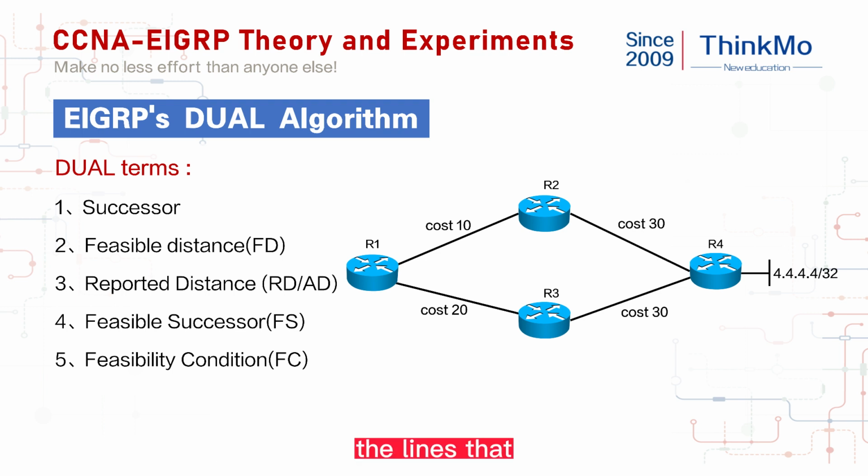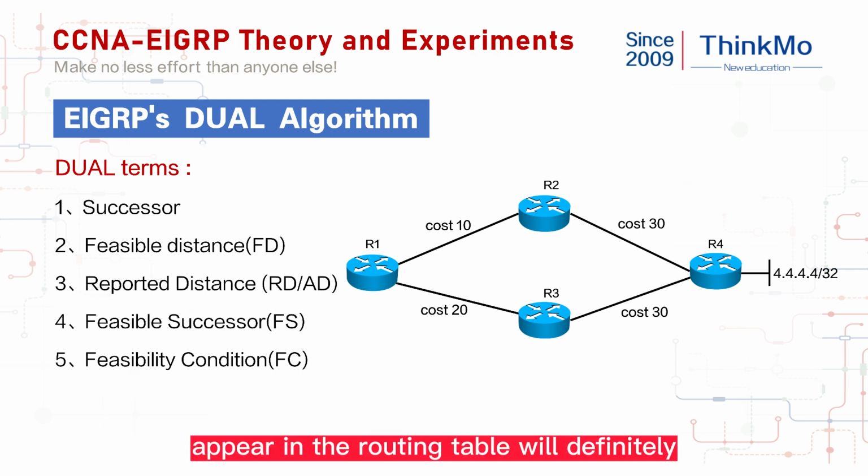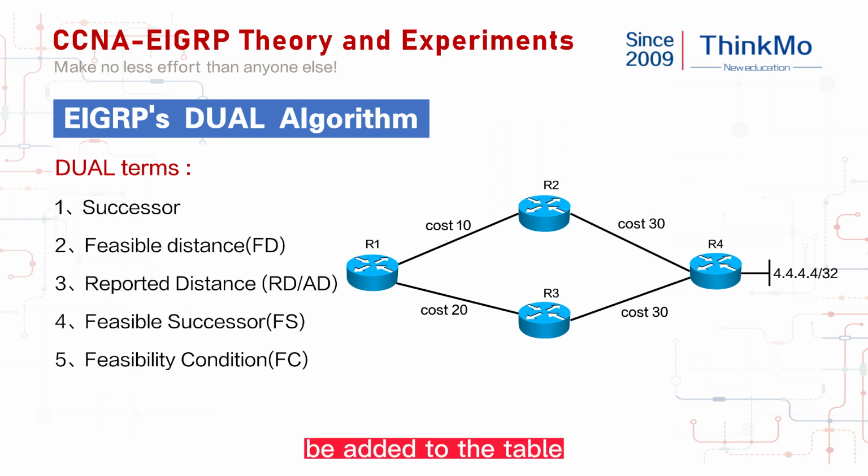The lines that appear in the routing table will definitely be added to the table, because it is the best path. Then, for this optimal path, it has a thing: successor router. Successor router means, if the current main line is the above line, then take R1 as an example.